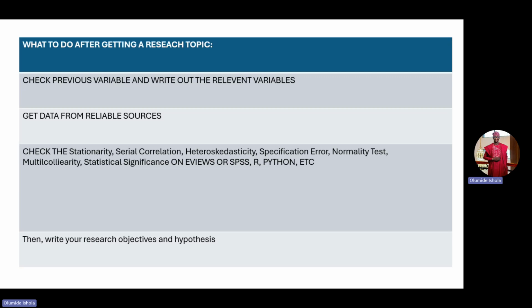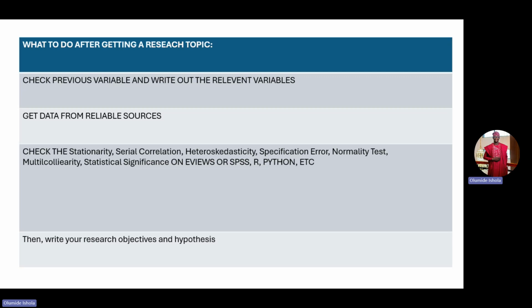This is the hardest part, because this is what you are contributing to the world, the body of academic knowledge. It is what you are doing here. Once what you are doing in chapter 4 is contradicting what you have done in chapter 1, definitely there will be a problem.